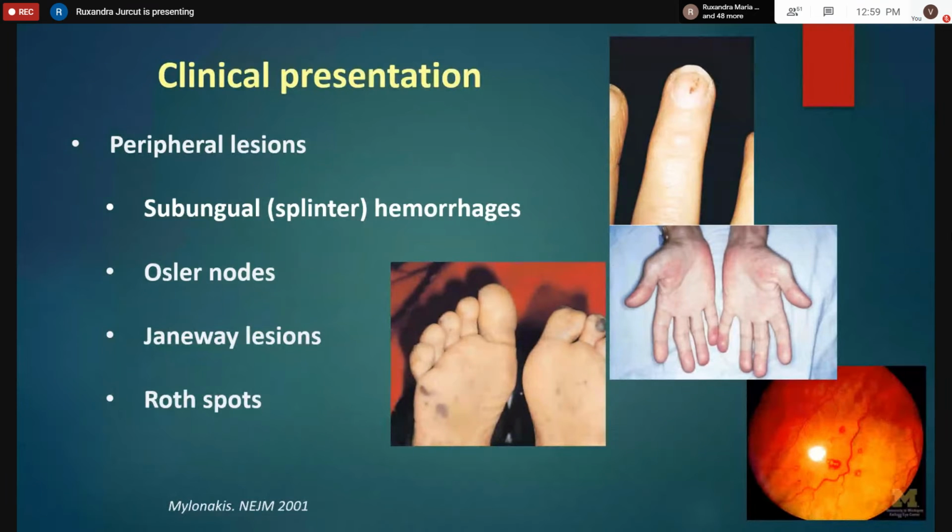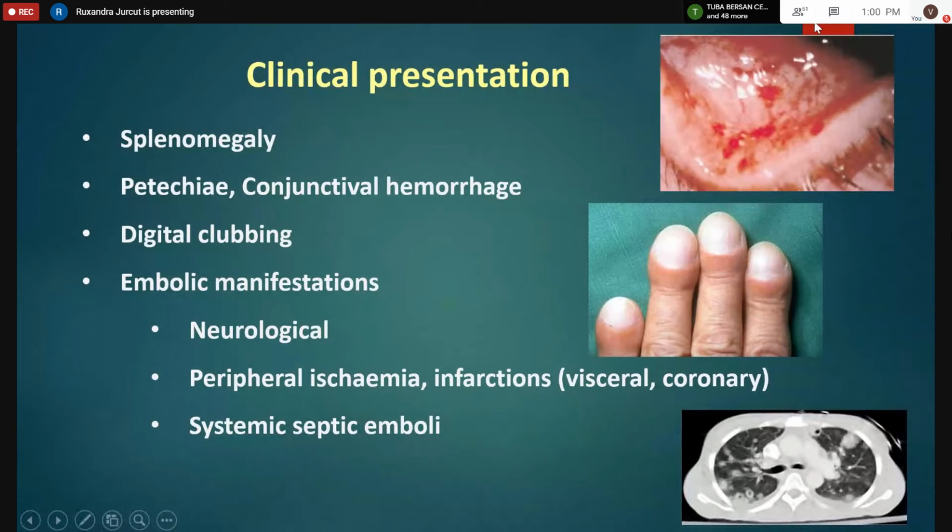If you are an ophthalmologist, for example, and you see these Roth spots on the retina, which is again some sort of hemorrhage, and maybe also a conjunctival hemorrhage, have in mind that this can appear in infective endocarditis.